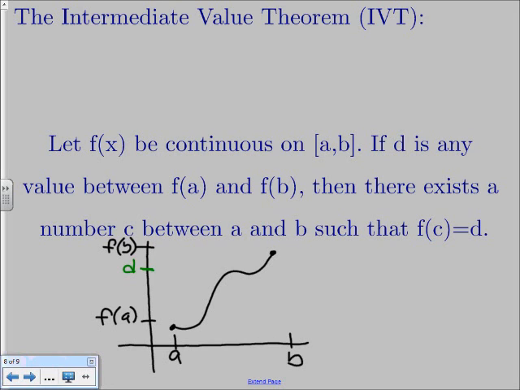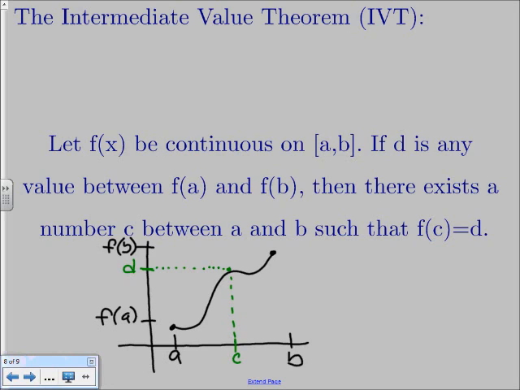If I pick a value in between f of a and f of b, as long as my function is continuous on the interval from a to b, there has to be at least one c value that has that d as its y value, which we can see since this function is continuous. So if we go over here, my c value would be right there.